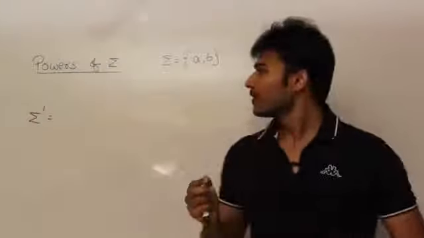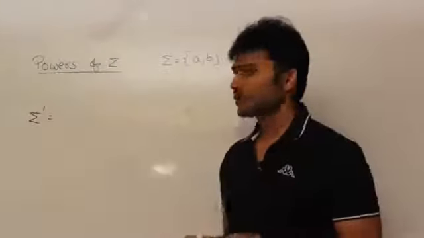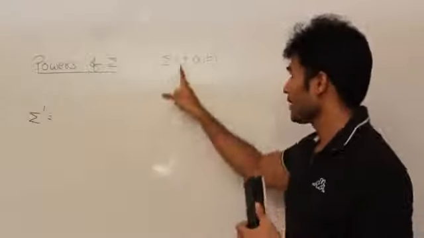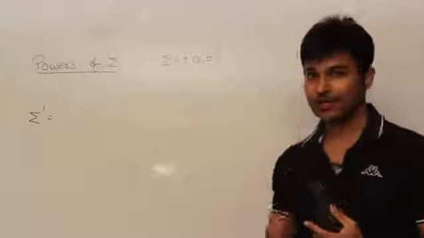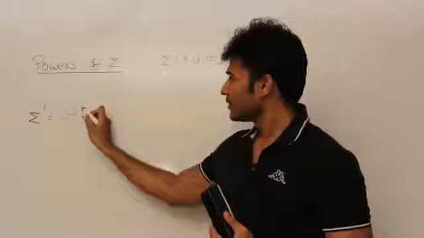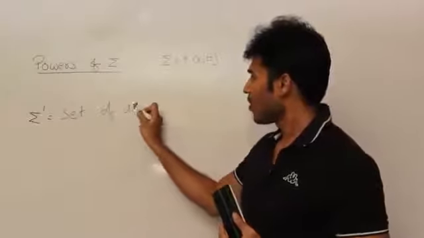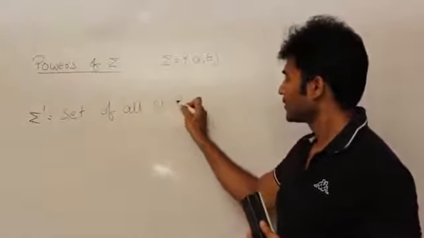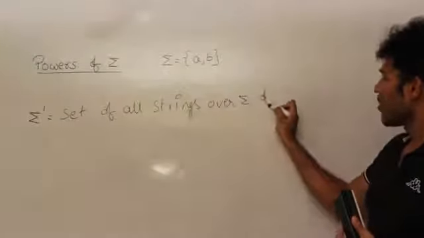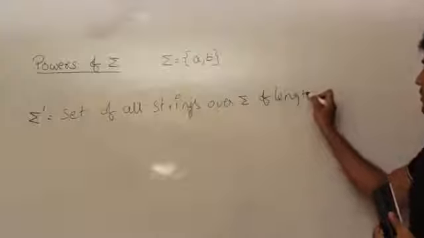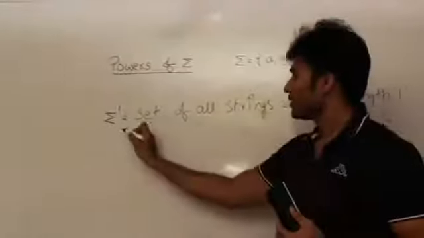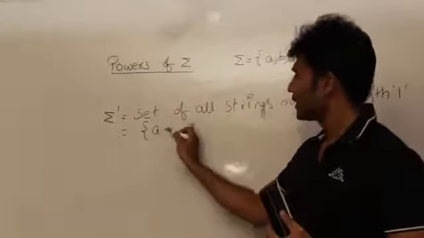Now sigma power 1 is nothing but the set of all strings which can be formed over {a, b} of length exactly 1. So they are simply a and b.